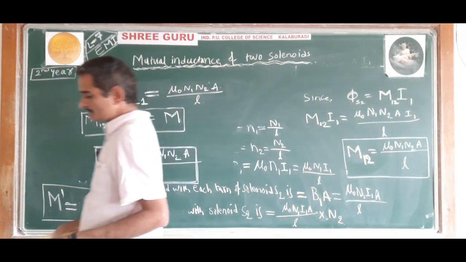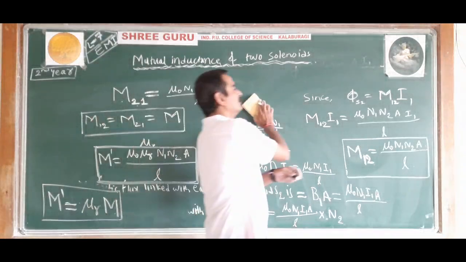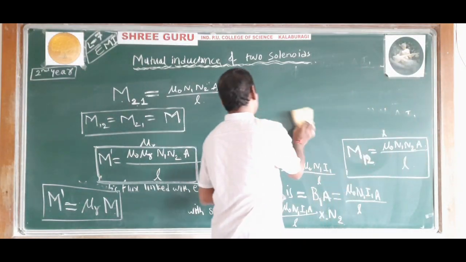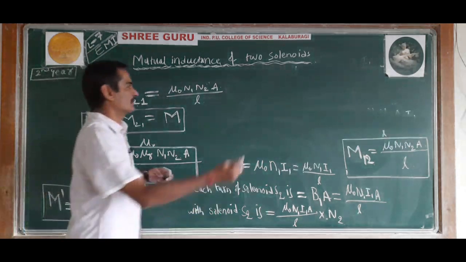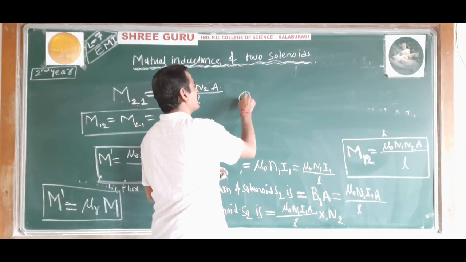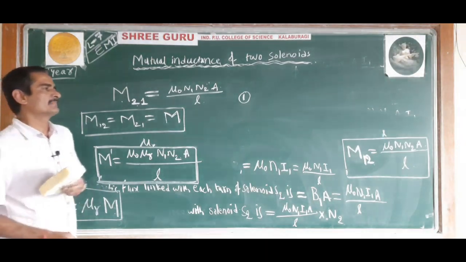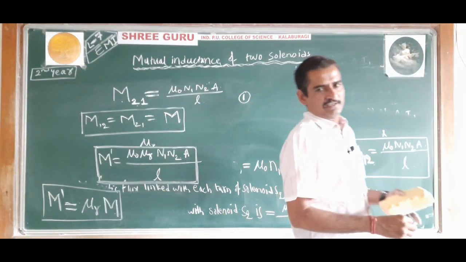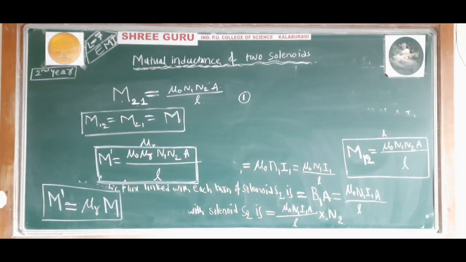Now, what are the factors on which mutual inductance depends? First, the mutual inductance of a pair of coils depends upon the geometry of the coils, that is, the length and size of the coils.